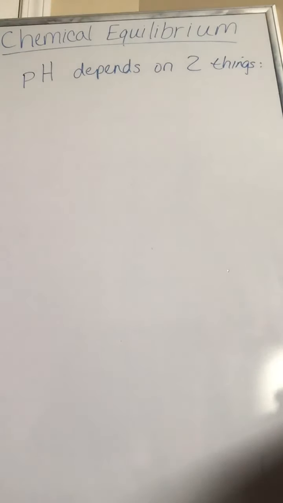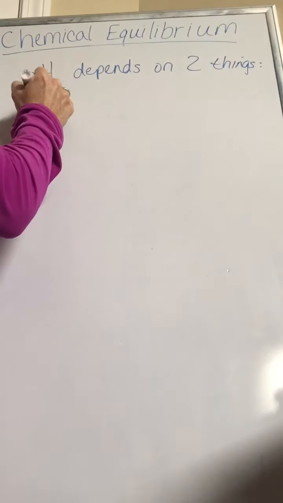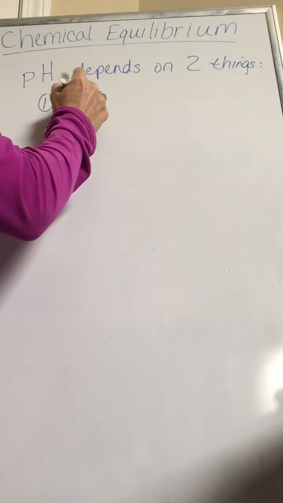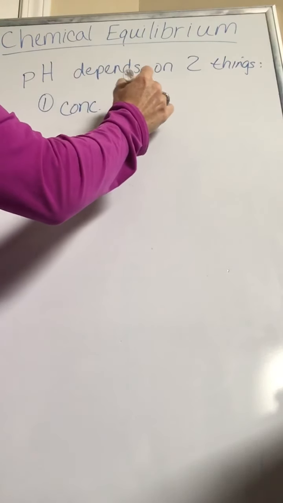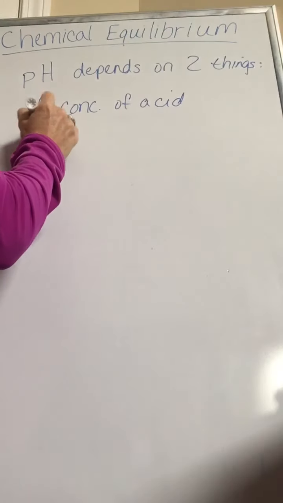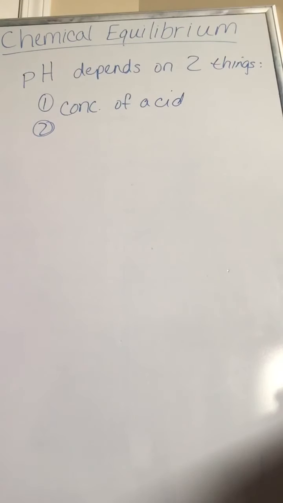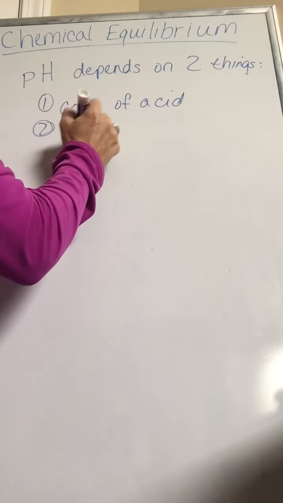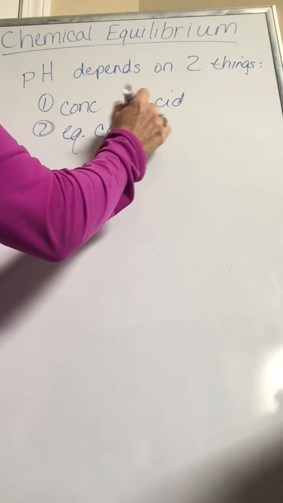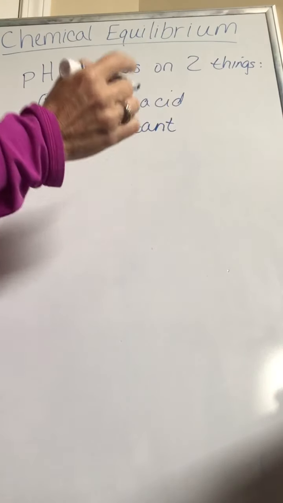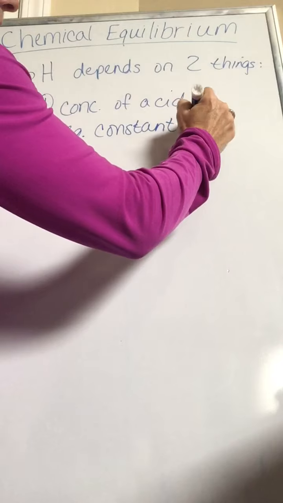The first one is the concentration of the acid. Second is the equilibrium constant between the acid and water.